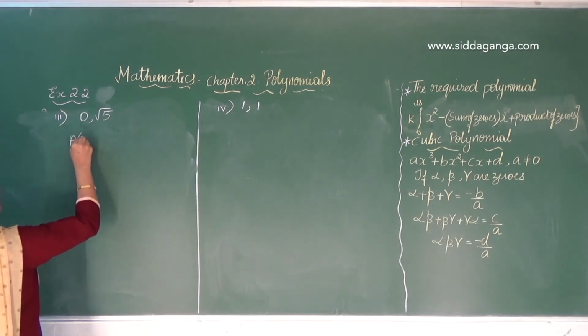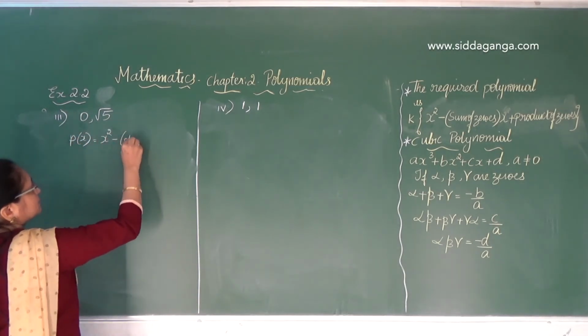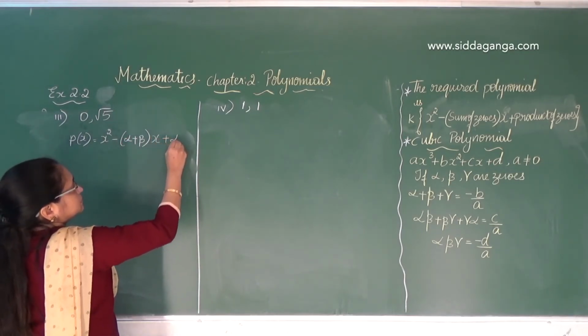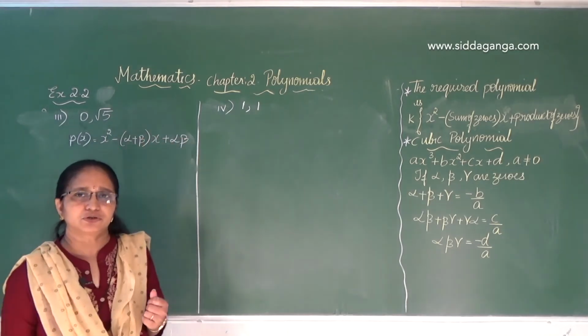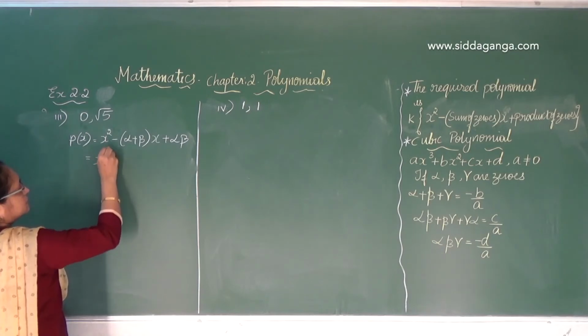So, the required polynomial p of x is equal to x square minus alpha plus beta, that is the sum of the zeros, plus alpha beta. So, here now we shall apply the numbers.